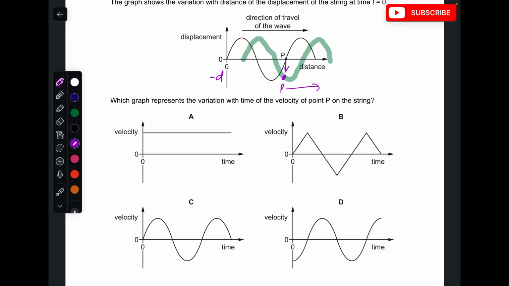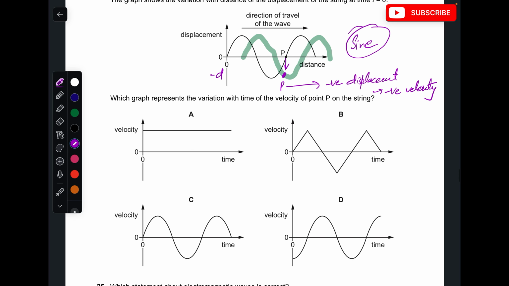So this will have negative displacement, and negative displacement means it will have negative velocity. Secondly, it should be a sinusoidal graph. Okay, it should follow a sine wave. So you have to choose between C and D, and the one that starts with negative velocity is D.